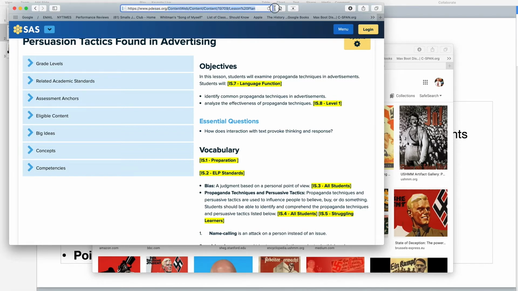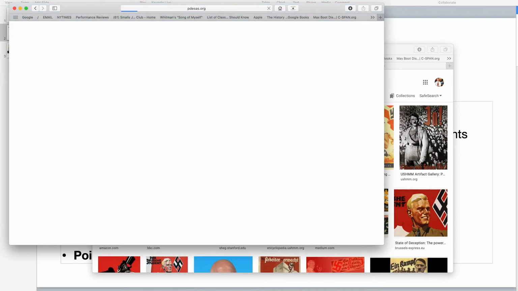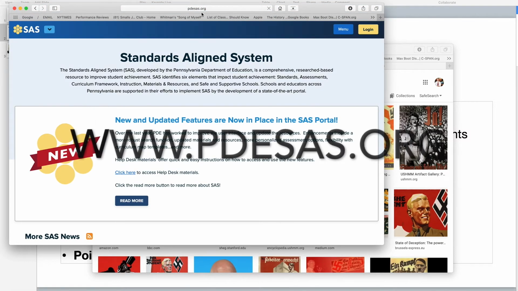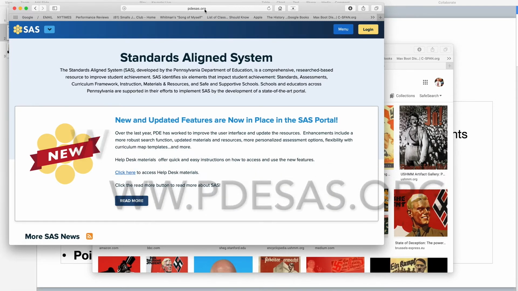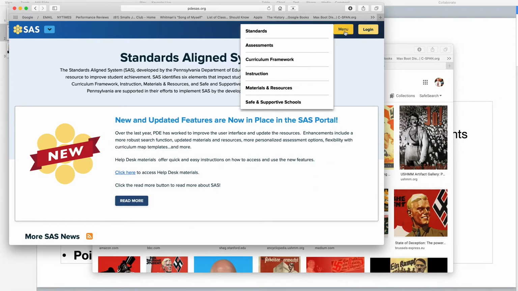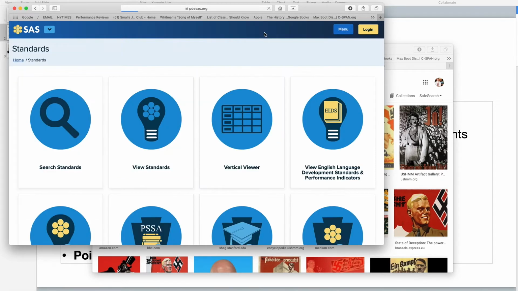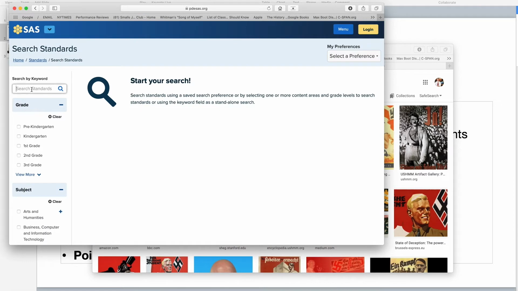And if you go here and just put that in, PDE, Pennsylvania Department of Education, SAS for Standards Aligned System.org, go to the menu that talks about standards, click here to standards, and then you can search the standards. And so you could put in here propaganda.